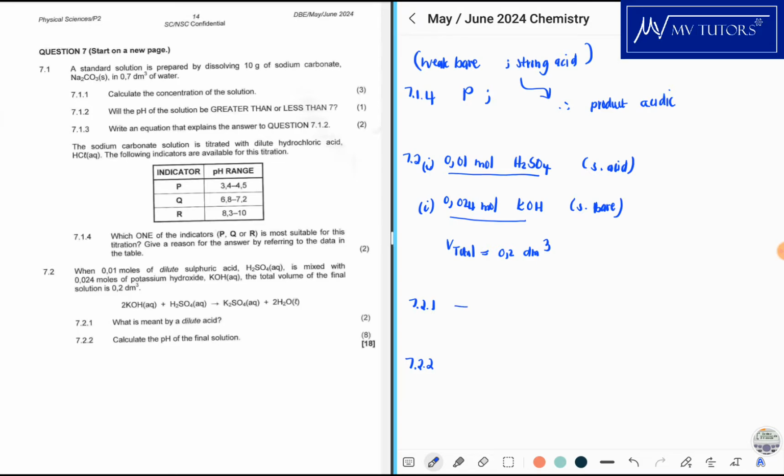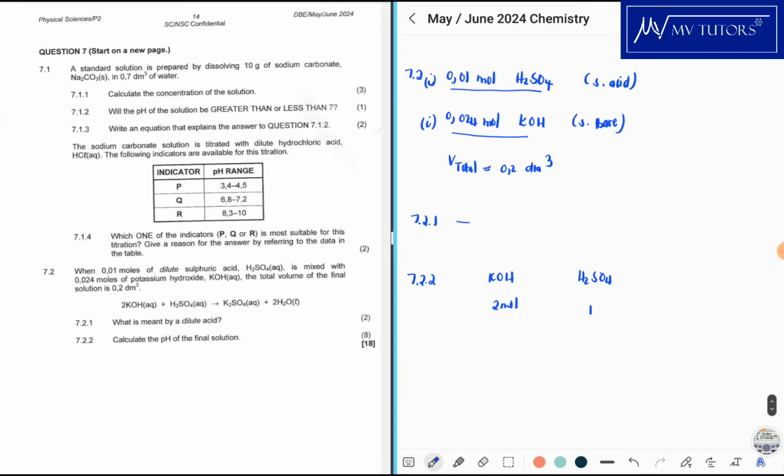We are going to look at the ratio, according to the formula. So when it comes to potassium hydroxide, there we have 2 moles. And if we look at our sulfuric acid, we have 1 mole. So what are we going to use up here?